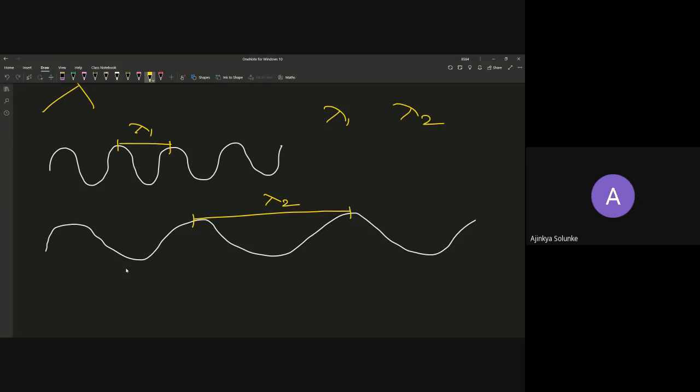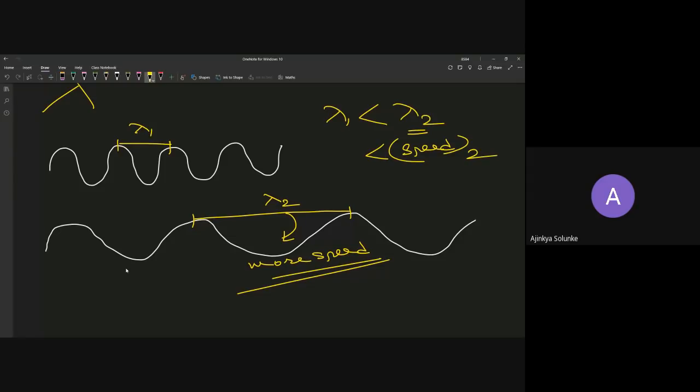Lambda 2 looks bigger, right? The distance is more. So can we say in that particular time, lambda 2 is able to cover more distance? It has more speed because it is covering more distance in less time. So larger the wavelength, larger the speed. That means lambda 2 will have more speed. The speed of the second wave is much larger compared to the first.